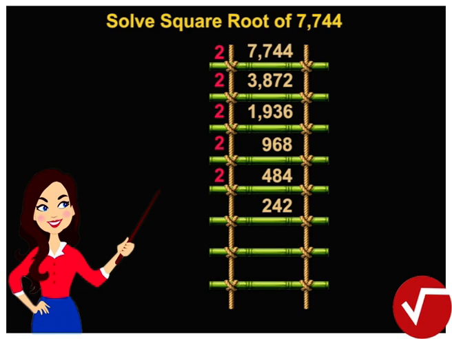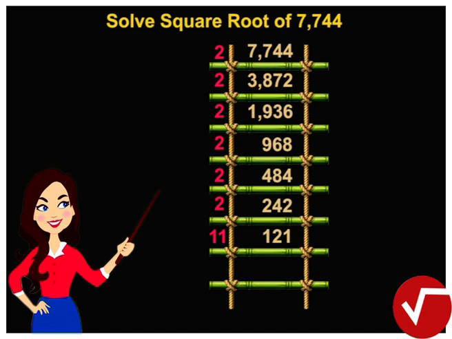Then we will divide 242 by 2 again because it can exactly divide it by 2 to give 121. 121 is the next bottom step of the ladder. As you can see that 121 cannot be exactly divided by 2. Therefore, we need to find a prime number that can exactly divide 121. 11 is the next prime number that can divide 121 perfectly.